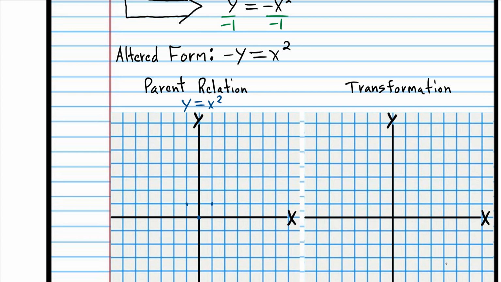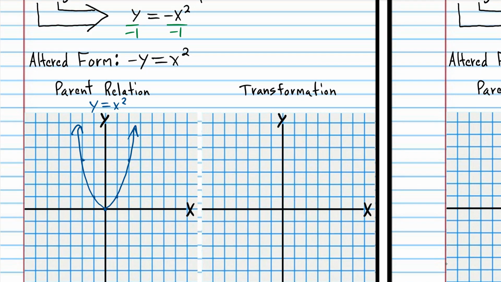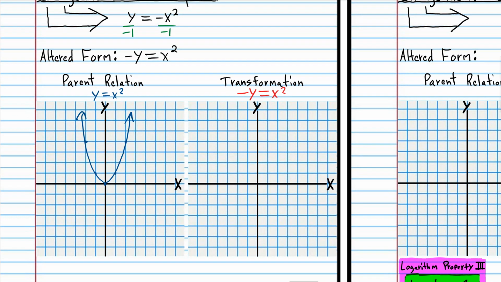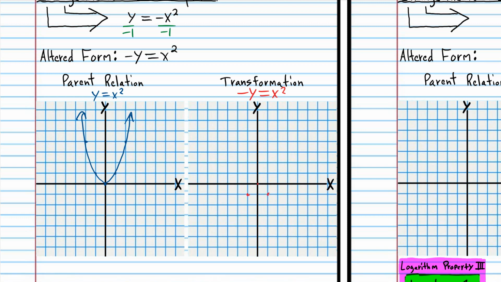You know what that graph looks like, of course. So we're going to plot that graph. And then we're going to plot -y is equal to x squared. When you replace y with -y, you reflect across the x-axis. So we're just going to flip the graph down.